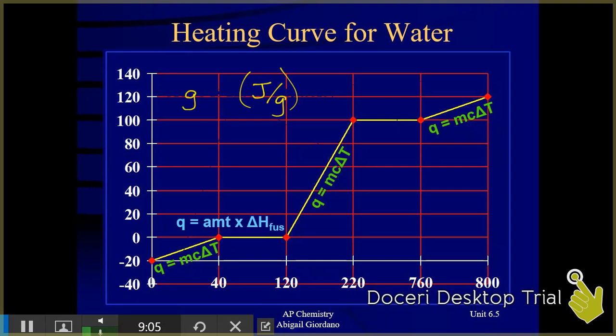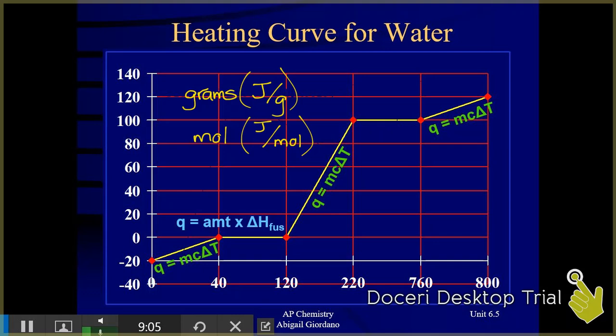You should plug in a mass in grams. But sometimes your heats of fusion are given in units like joules per mole. And if that's the case, then what you put in that placeholder should be a number of moles.